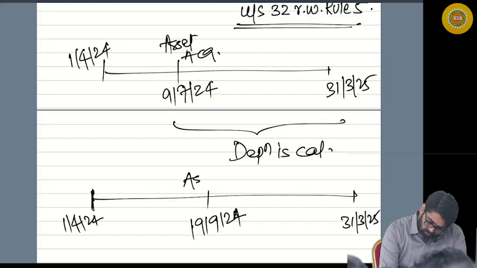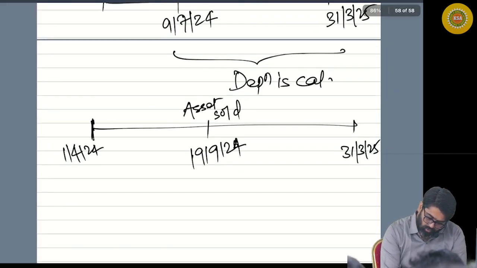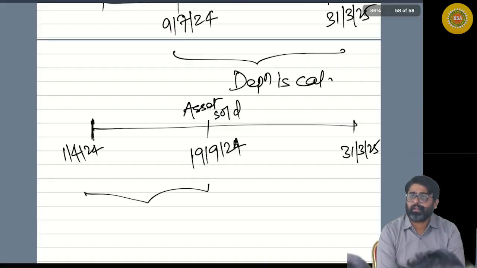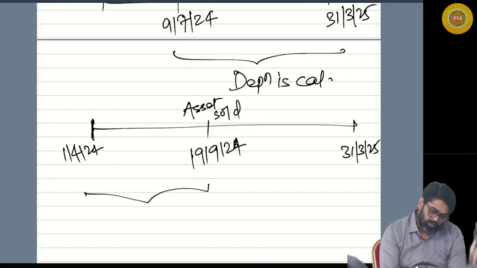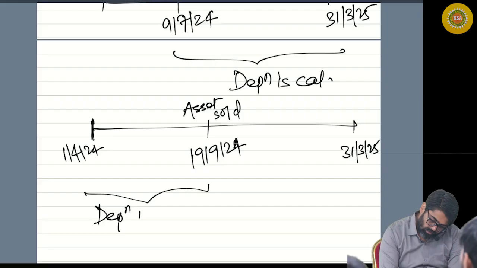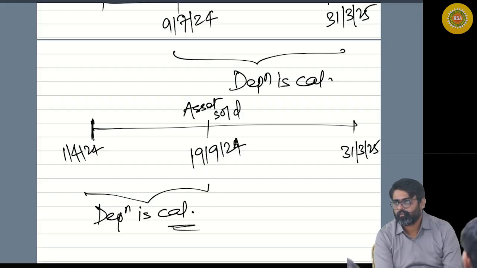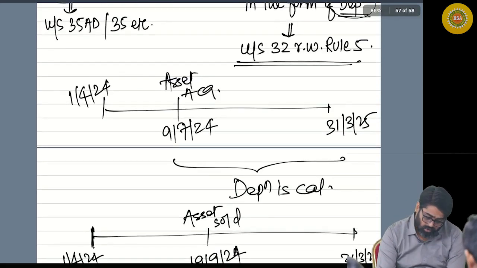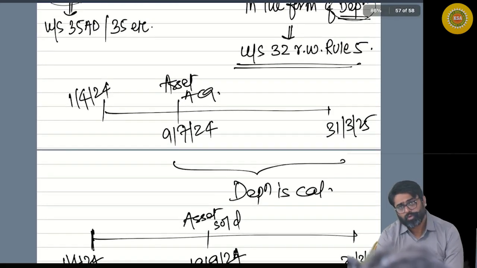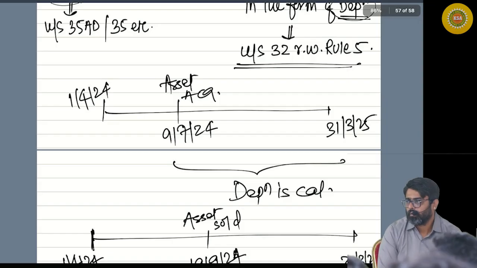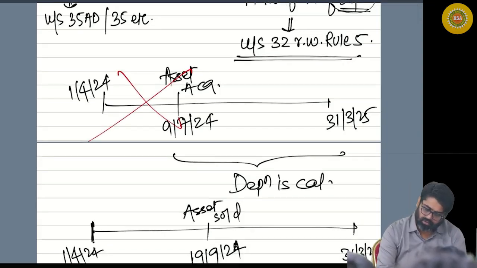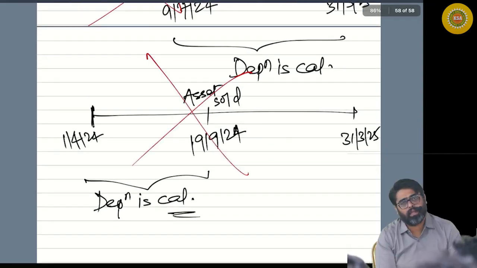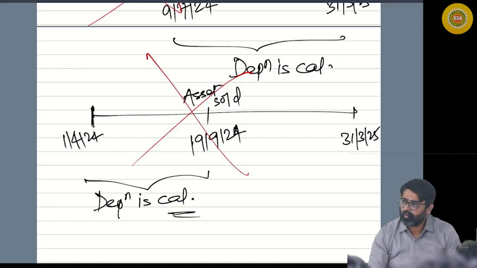Can I say that from 1st April till 19th September, till the time the asset is not sold, depreciation is calculated for this period? If you do this or this, you are gone. This is also not to be done. Then what is to be done?